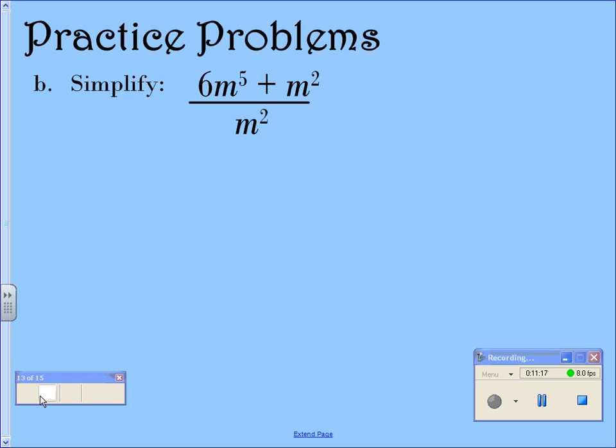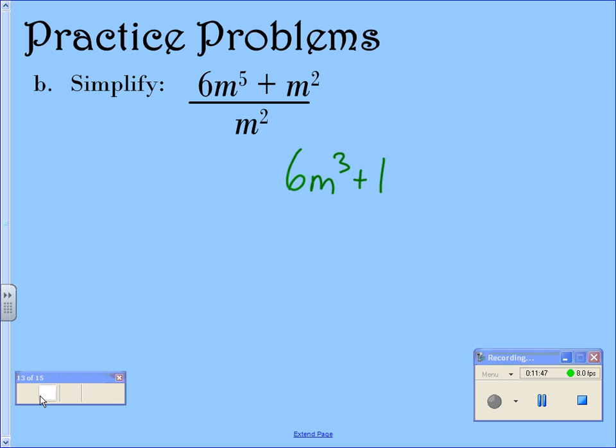M to the fifth, or 6m to the fifth plus m squared, all over m. Will it simplify? Someone want to go write what it simplifies to? You can do the next one. Go ahead. Do you agree?